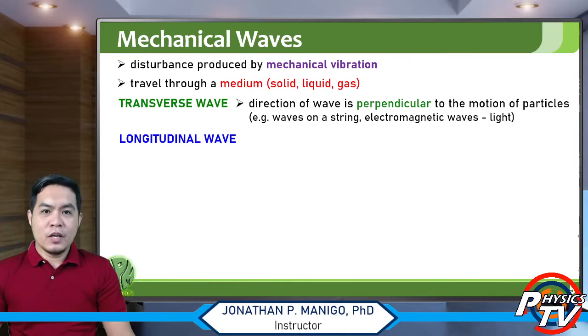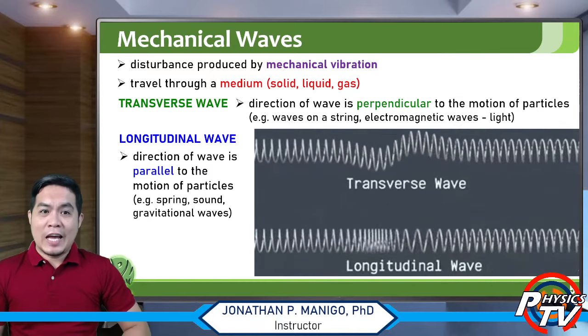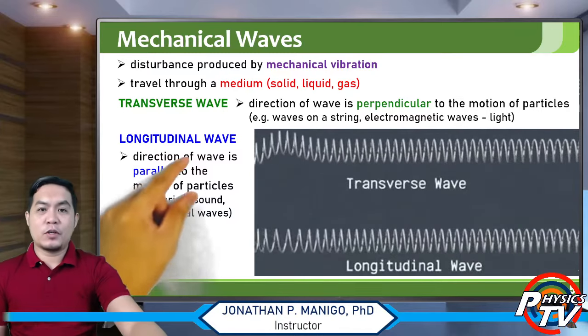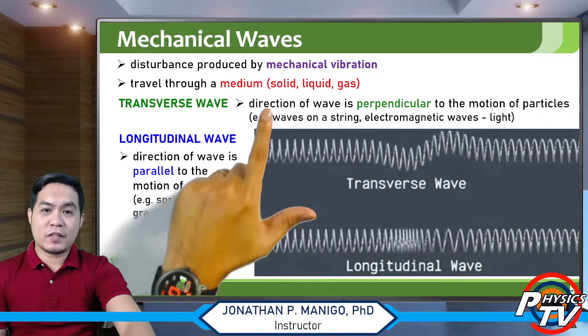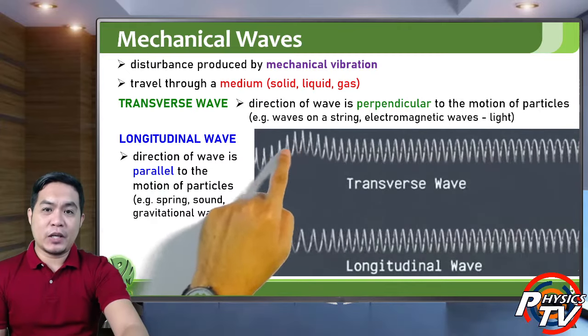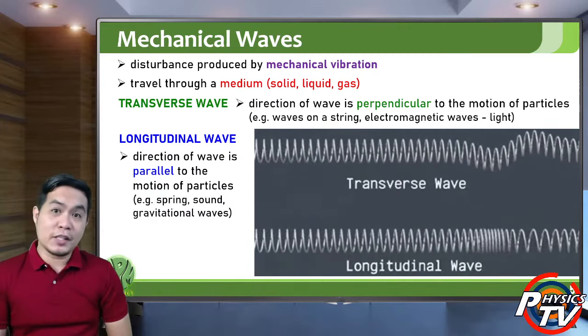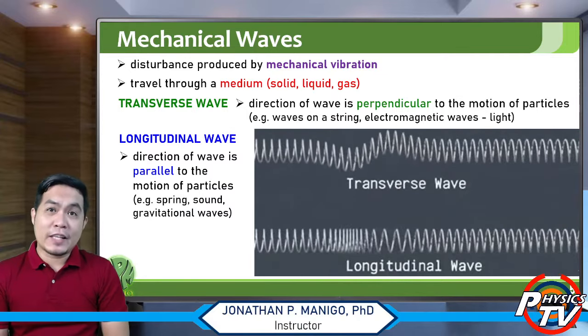So this is an example of the comparison of a transverse wave and a longitudinal wave as illustrated by a spring. If you jiggle a spring up and down, you will create a wave that moves to the left or to the right. So the motion of the particles of the spring, in this case, is perpendicular to the motion, or velocity, of the wave. So that's a transverse wave.